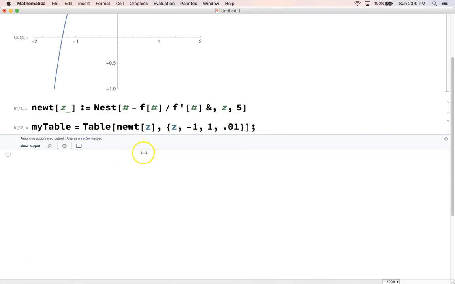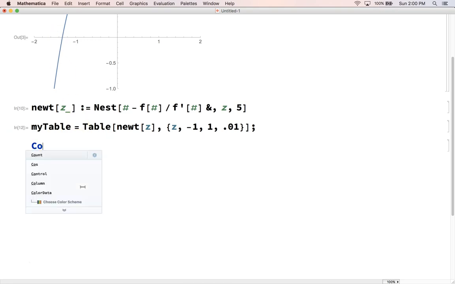And I'd like to know how many entries in my table are close to something that I plug in to get a 0. So let me find that with Count. Let me count inside of my table. And what do I want to count? I want to count x's such that if I plug in x, I'm close to 0. Well, how do I say close to 0?